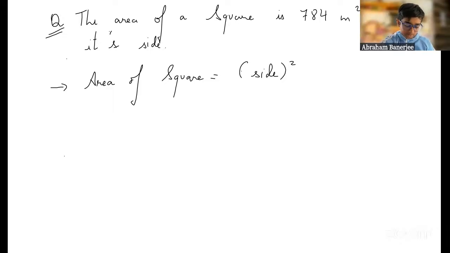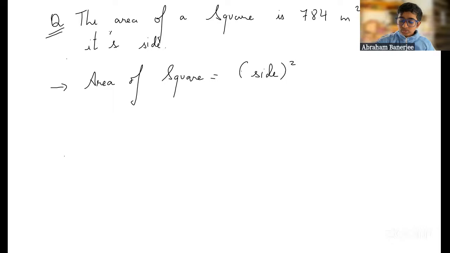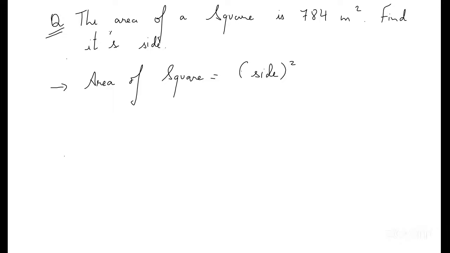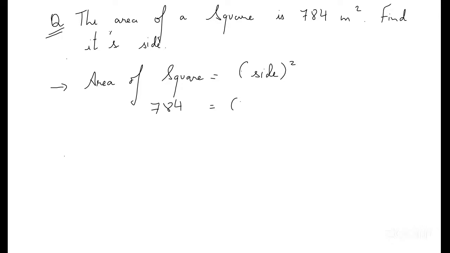Ma'am, for this we have to divide by 4, right? To find out the sides of the square, Abraham? What we do is side square, but we know the area, 784. So let's take this one side as x, so x square equals 784.